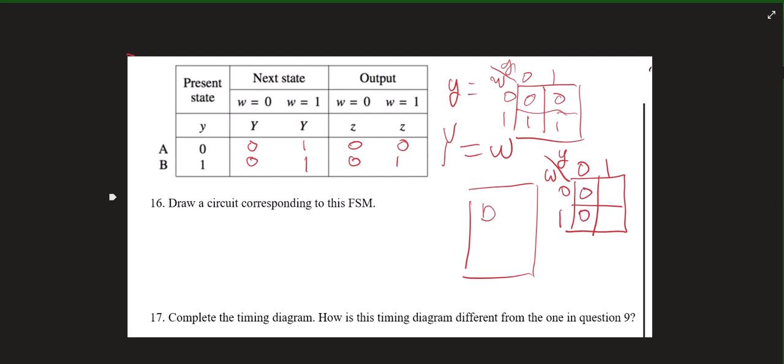When Y is 1 and W is 1, we get 1. Otherwise, we get 0. So Z is WY.